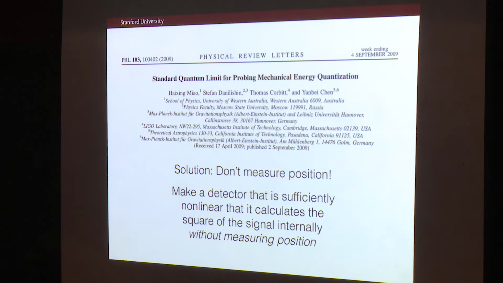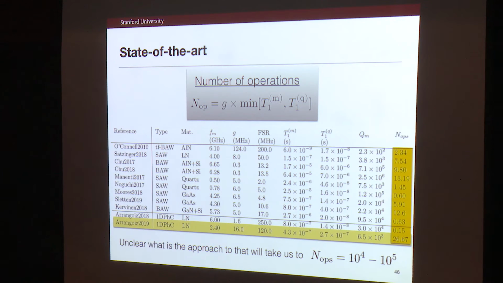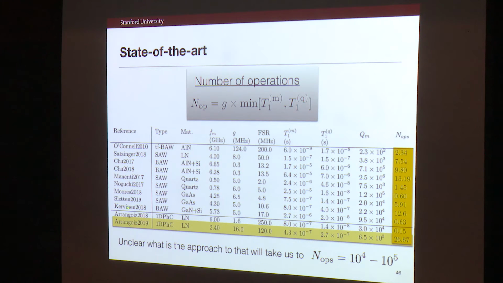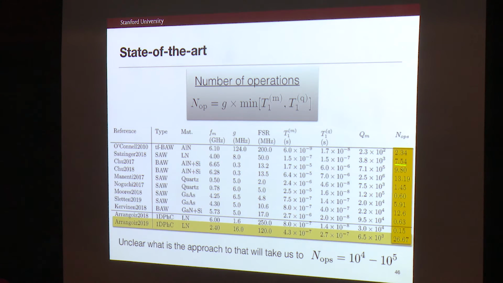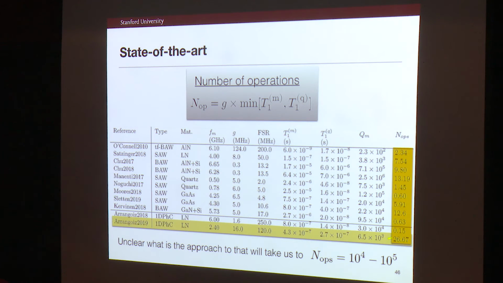Okay, so just as a retrospective, this is the state of the art in quantum acoustics, and this is the number of operations metric that I talked about. Ten years ago we were at around 2, and now we're at around 26.